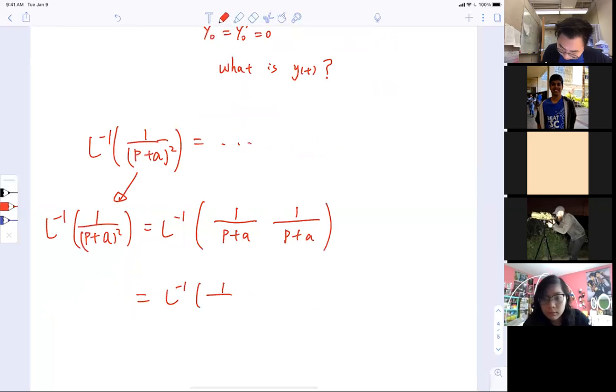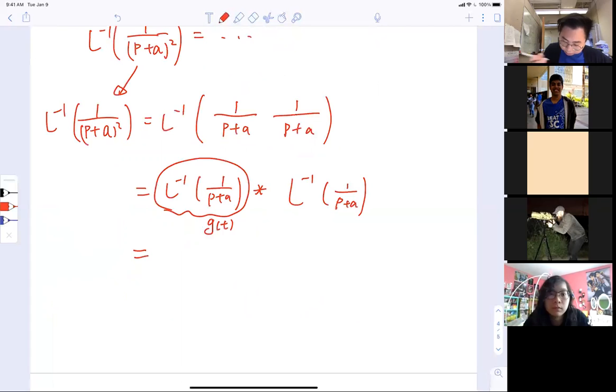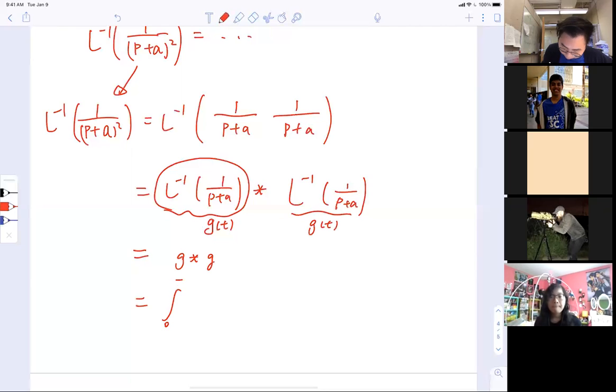Apply the convolution theorem, and you can look up what this is in the table. Let's denote it as g(t). I'm pretty sure there is one. And this is also g(t), right? So it's basically g star g, which is the integral from 0 to t of g(t minus tau) g(tau) d tau.